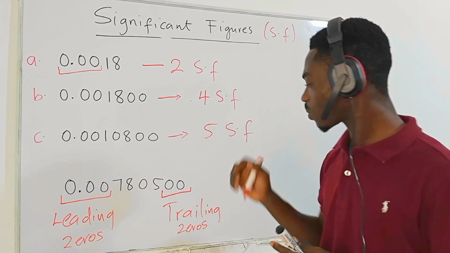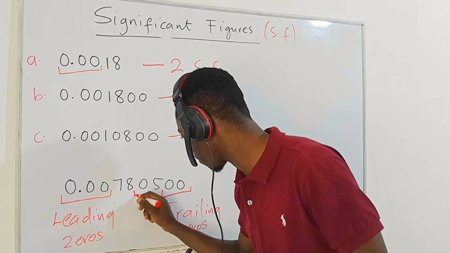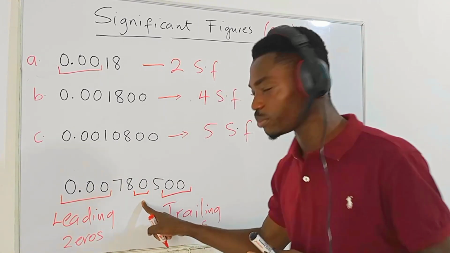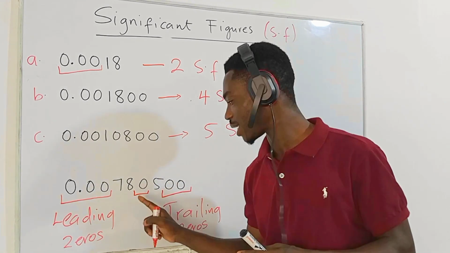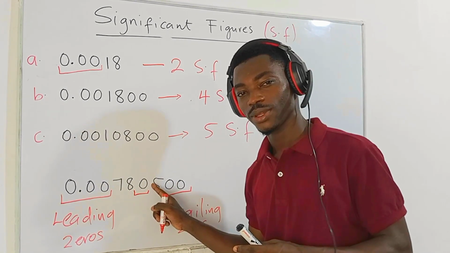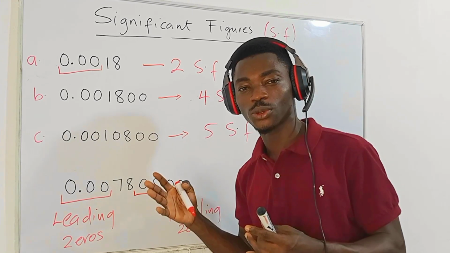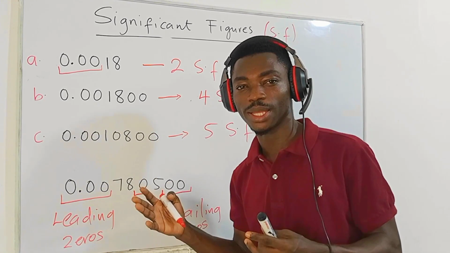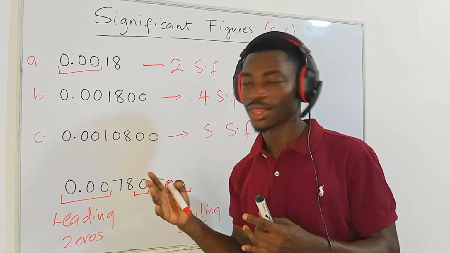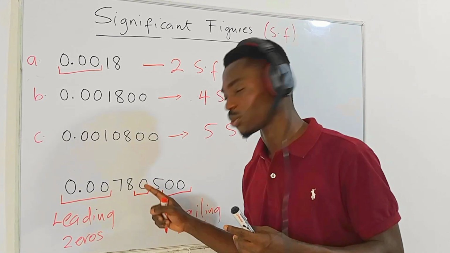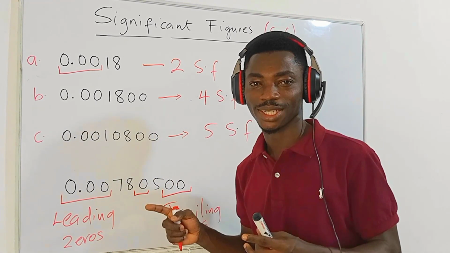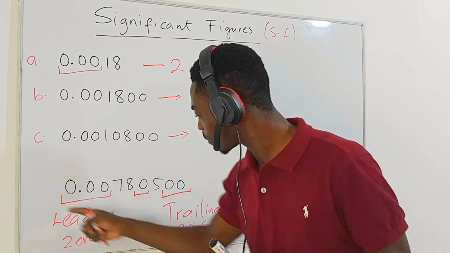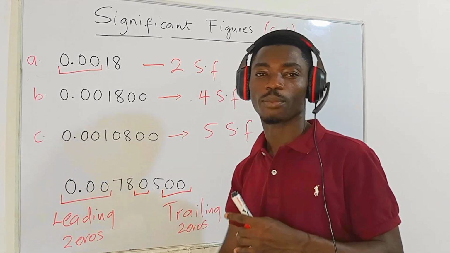All right. Now let's consider this 0 right here. In fact, this 0 is between two non-zero numbers, that is 8 and 5. This is to say that all zeros between two non-zero numbers are significant. Therefore, this number right here is also significant. But the question is, how many significant figures do we have in this number right here?